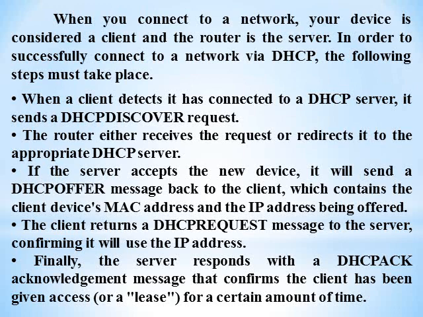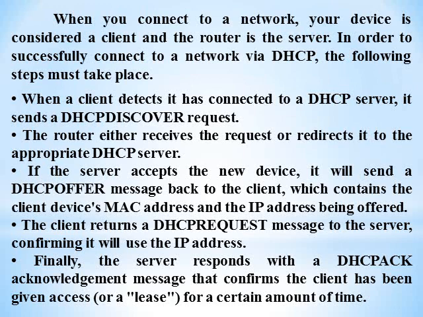The second step, the router either receives the request or redirects it to the appropriate DHCP server. If the server accepts the new device, it will send a DHCP offer message back to the client which contains the client device MAC address and the IP address being offered. The fourth step is the client returns a DHCP request message to the server confirming it will use the IP address.